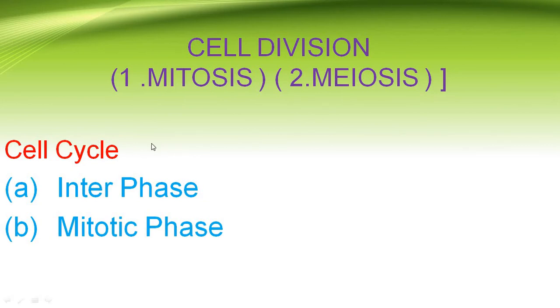Cell cycle we have in cell division. The cell cycle is divided into two phases here. The first one is interphase, and the second one is the mitotic phase. The mitotic phase we also call the nuclear division phase. Here the nuclear division you can see in mitosis.